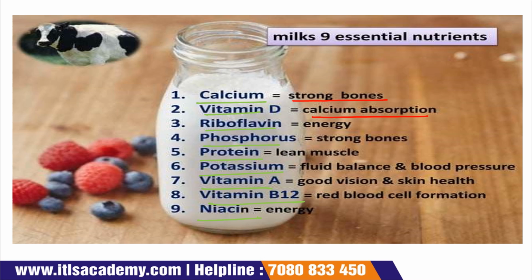Then riboflavin for energy, phosphorus for strong bones, protein for lean muscles, potassium for fluid balance and blood pressure, vitamin A for good vision and skin health, vitamin B12 for red blood cell formation, and niacin for energy. So these are the nine essential nutrients present in milk.